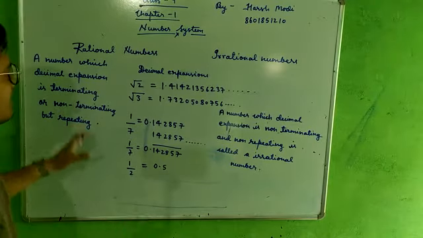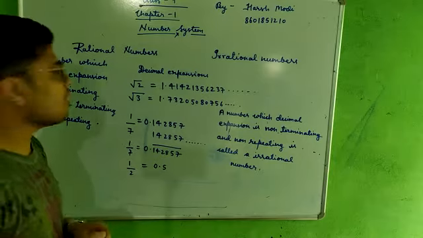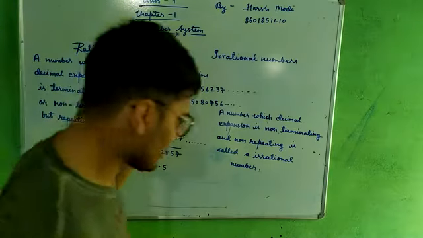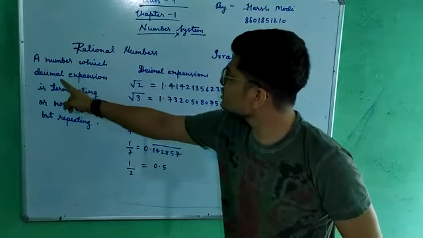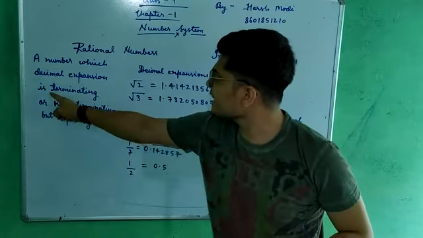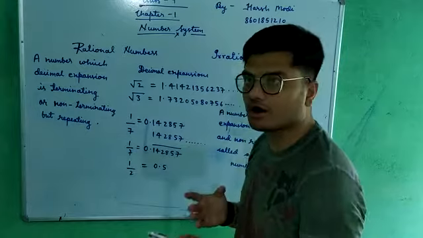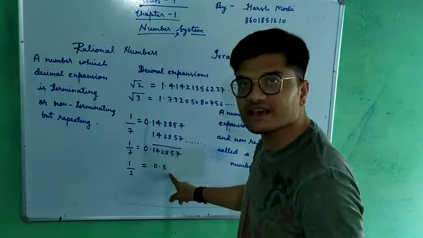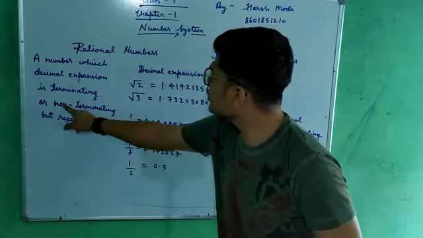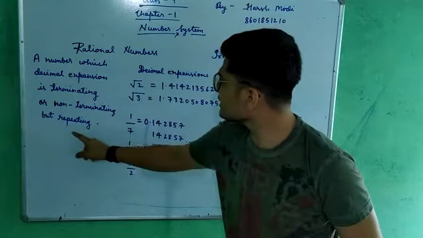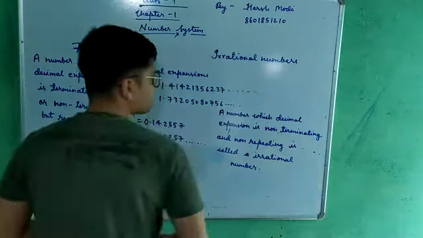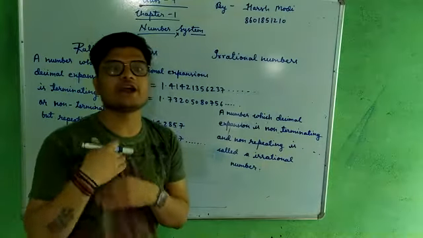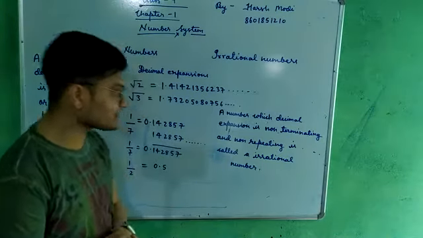These are the definitions for rational and irrational numbers. I hope you understood, everyone, about rational and irrational numbers.